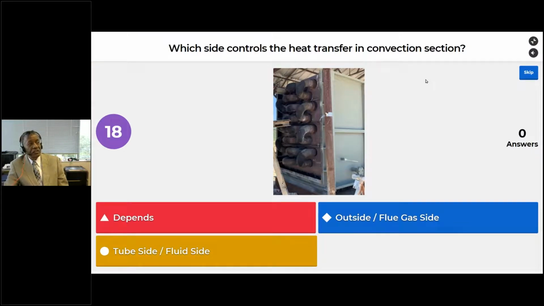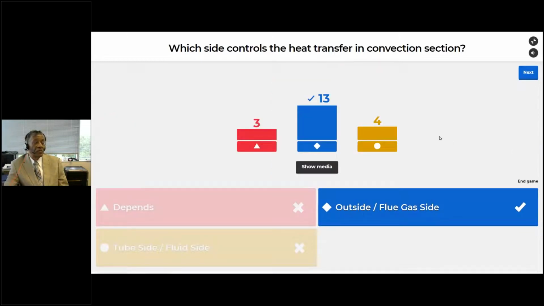So which side controls the heat transfer in the convection section? Most of you got it right actually.